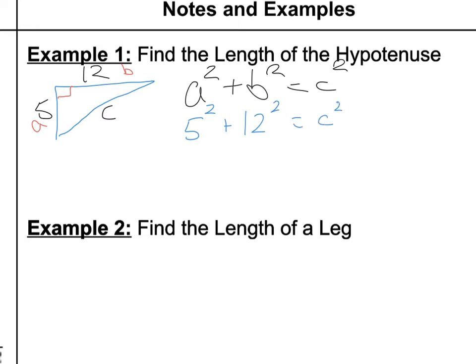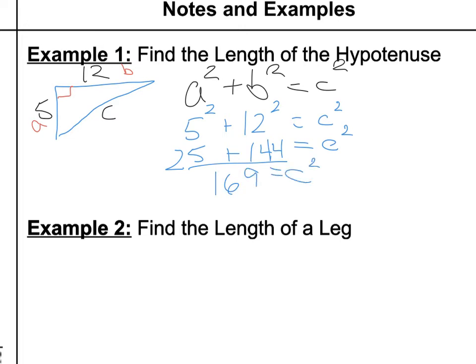You might need your calculator out. 5 squared is a pretty easy one, that's 25. So we have 25 plus 12 squared, which is 144, equals C squared. Now we add these two together: 25 plus 144 equals 169, equals C squared.